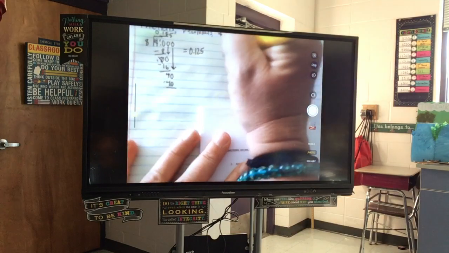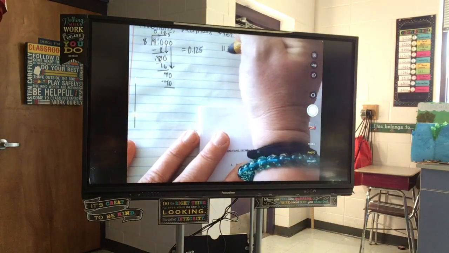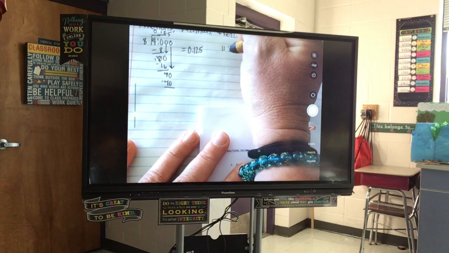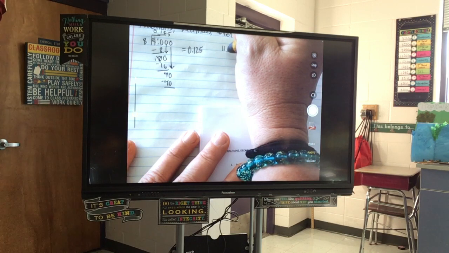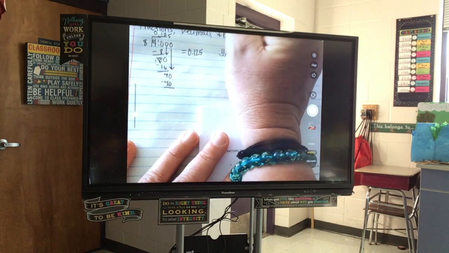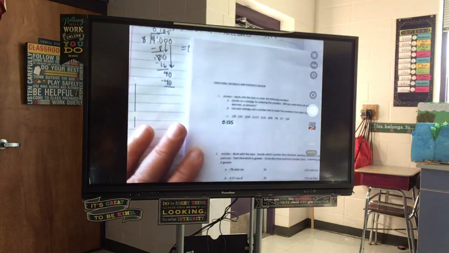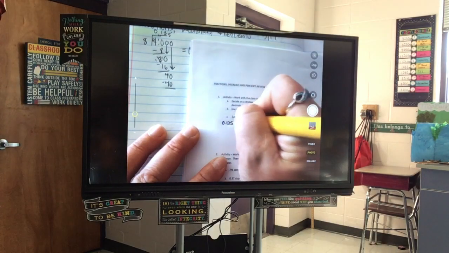We move it. We move our decimal. Yeah, we add a decimal and we move it 2 spaces to the left. So 1, 2. Do I keep the percent sign or no? No. Alright, so that goes away and this becomes 0.11. So for here, I have 0.11.